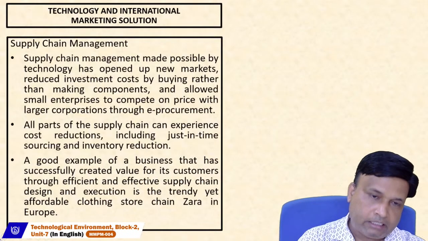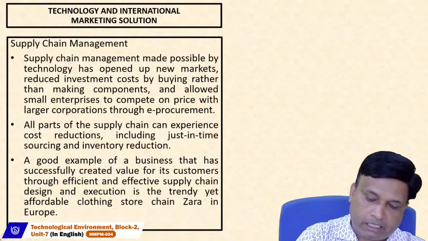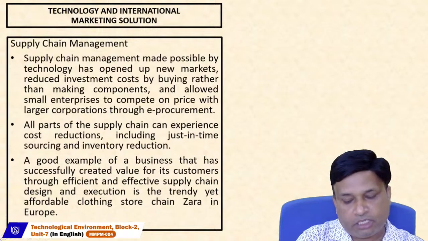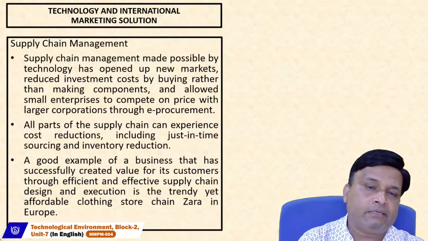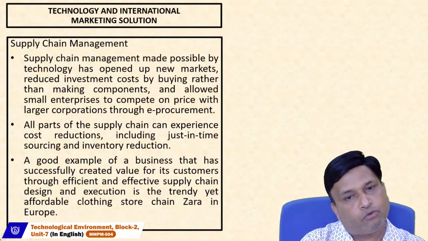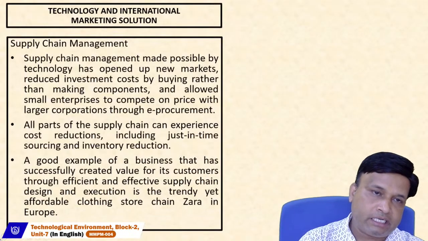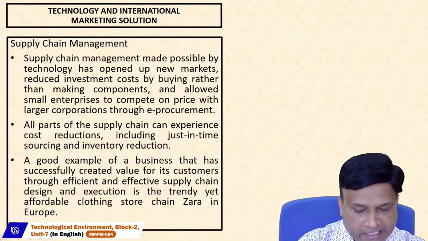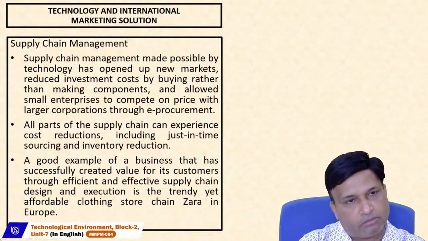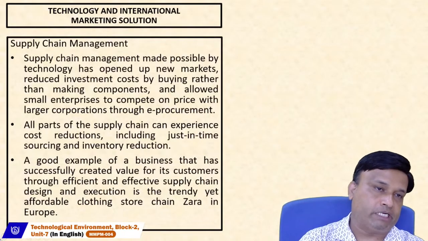They can get their chips from Taiwan, their battery from China, and the software from other countries, assemble the total product in one place, and only do the marketing and branding of that product, and easily get it to some target audience. That is possible only because technology has integrated supply chain management.